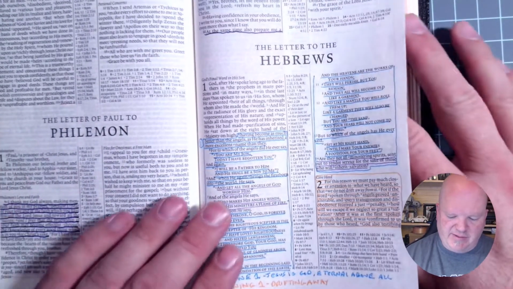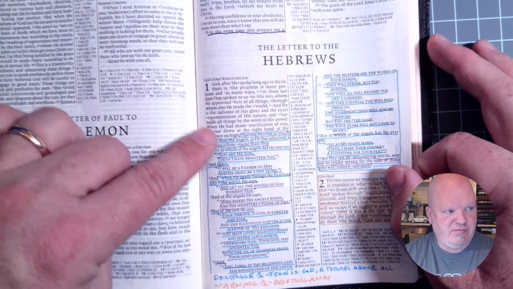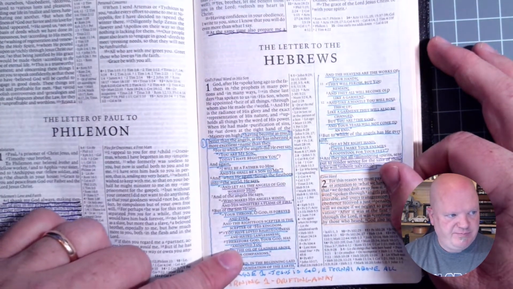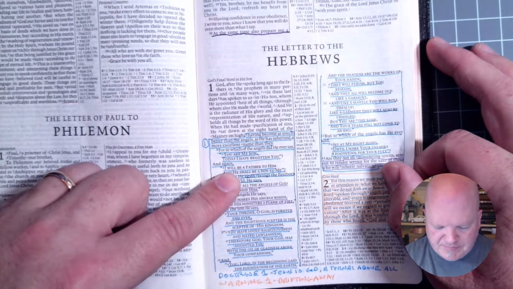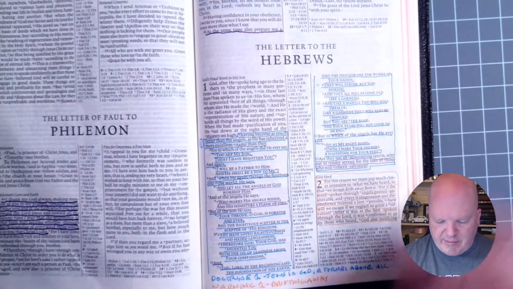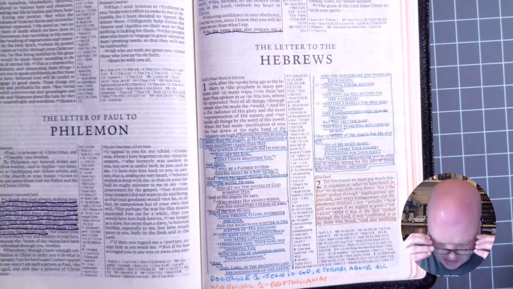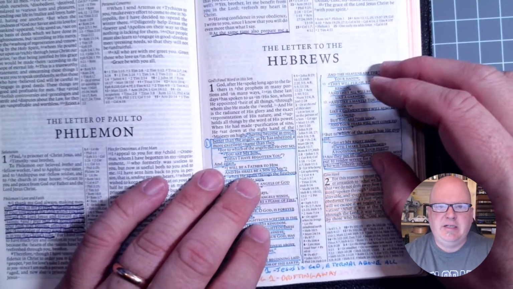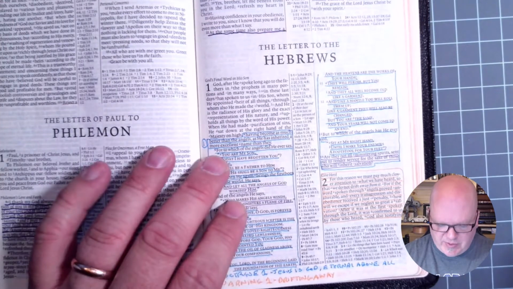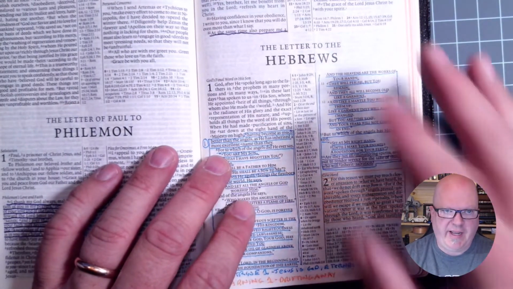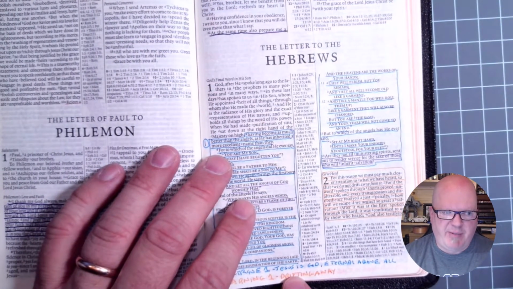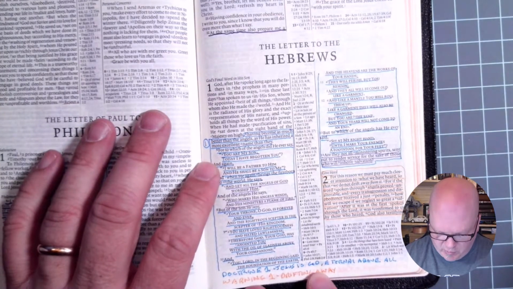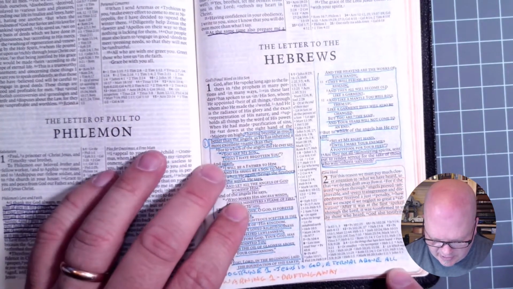This will be how we get our start, a quick overview before we dig into the verses themselves. First we've got chapter 1, for the most part starting with verse 4, working all our way through the end of chapter 1. This is the first doctrinal section, and we're going to see this doctrine followed by warning. At the bottom of my Bible I've marked doctrine 1, Jesus is God, eternal above all.